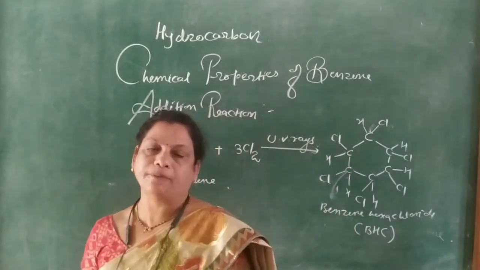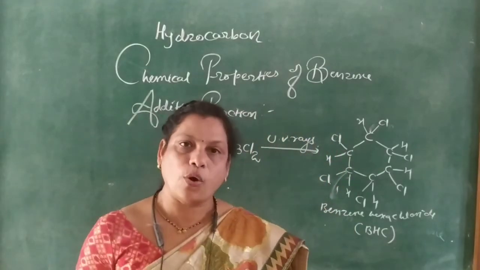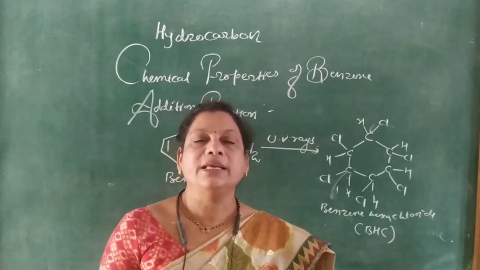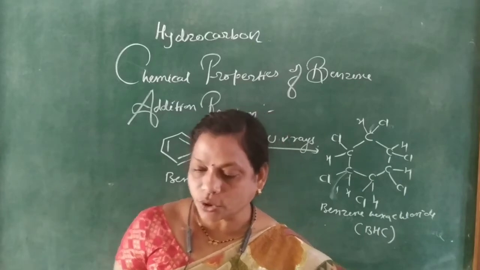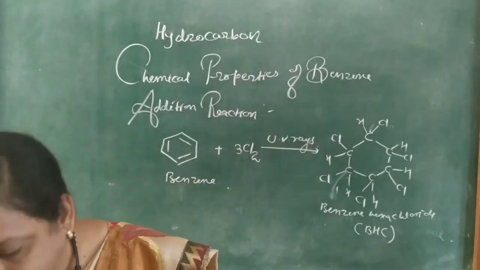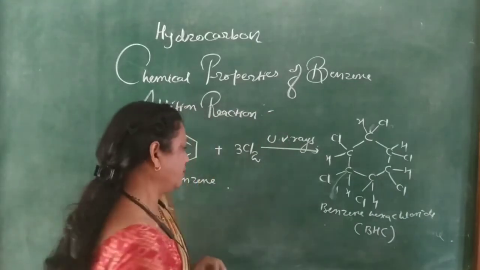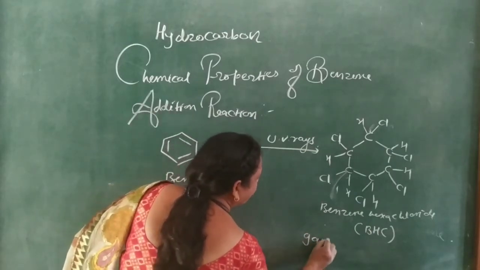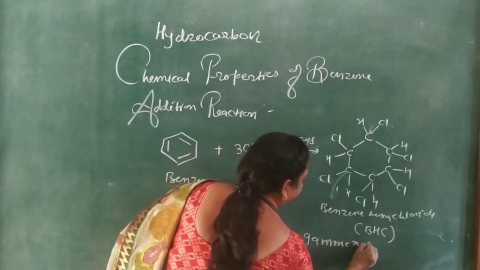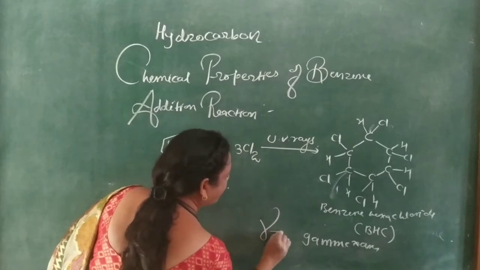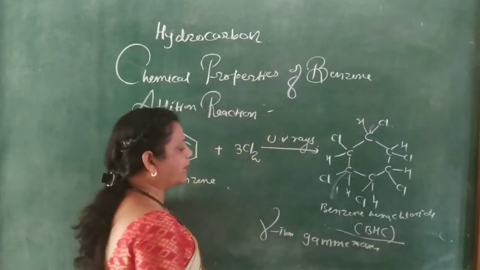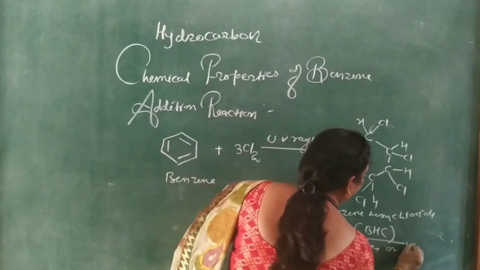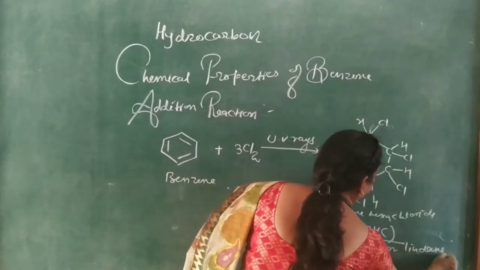The gamma isomer of benzene hexachloride is called gammexane, or it is also called lindane.